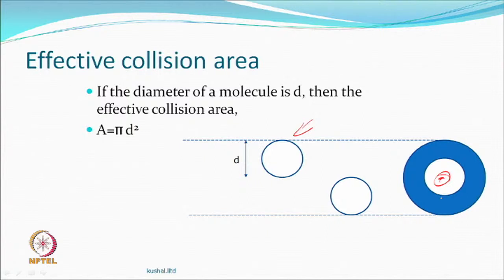So, this molecule is the same or something similar molecule. If the distance of this is more than 2d, then this particle may be here, it may pass through without touching. So, it may not strike. If the distance is like this, therefore, it is bound to touch, whether it is here, it is there.